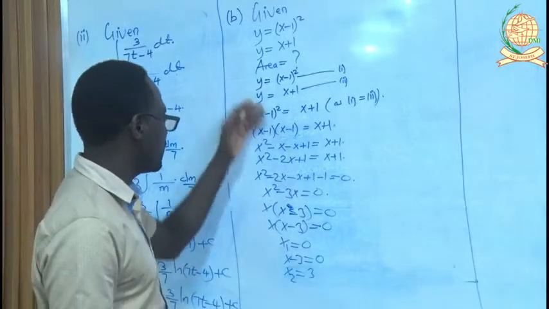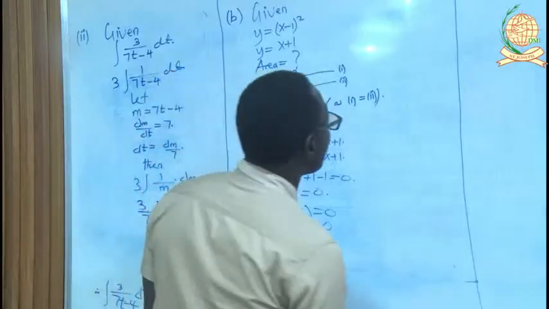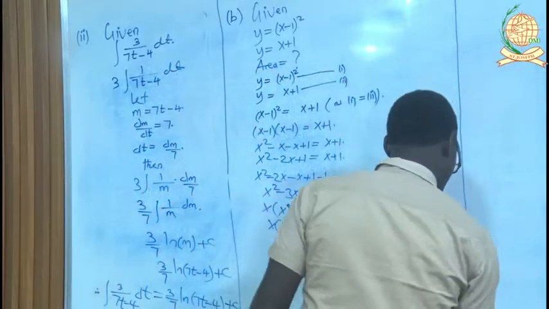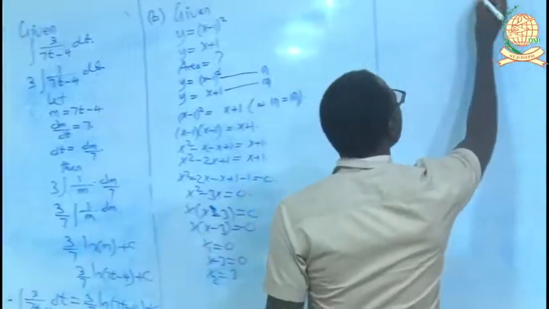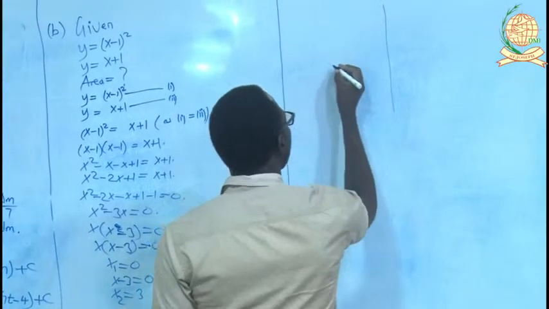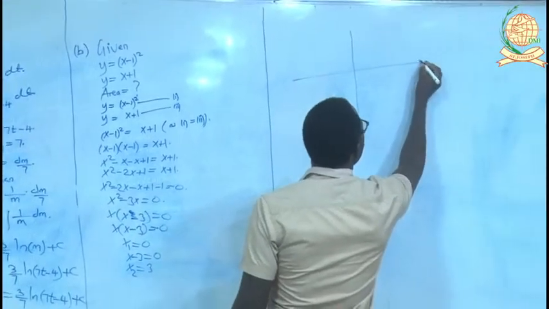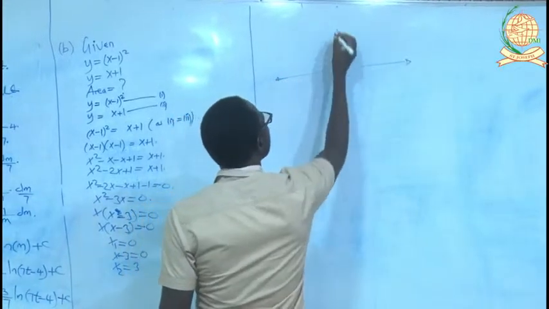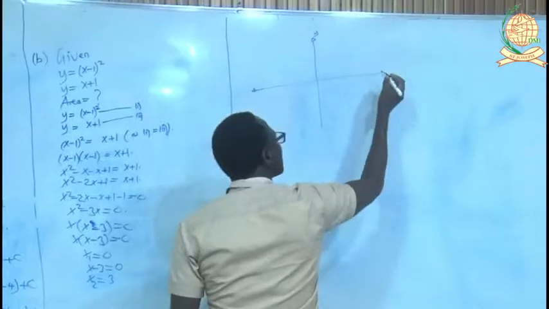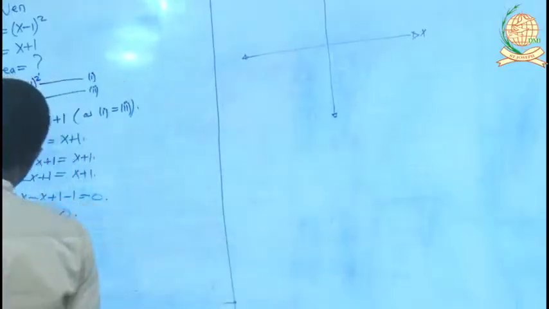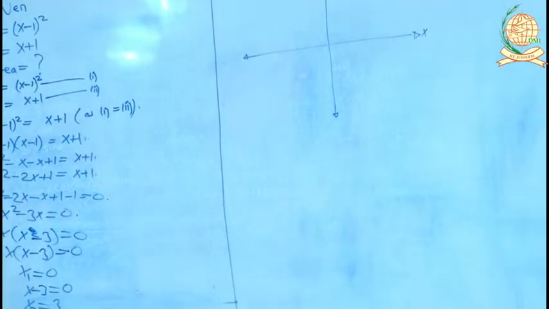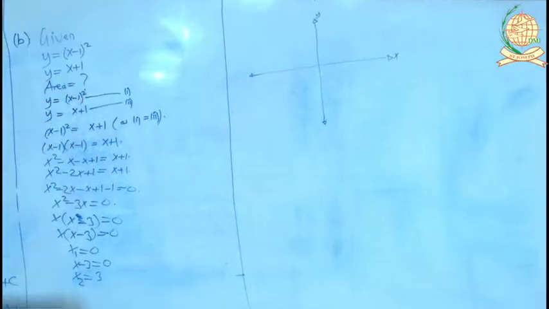Now you can sketch these two curves to see the nature of the region for which you need to find the area. Okay, now sketch that curve. This is y, this is x. The first function is y equals x minus 1 squared, which is y equals x squared minus 2x plus 1.